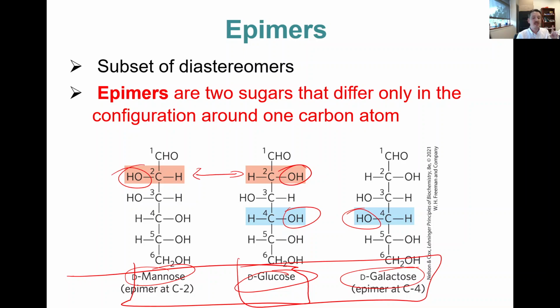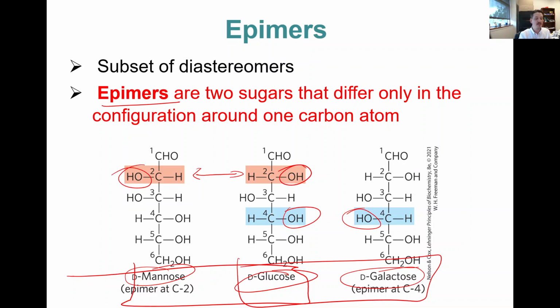Now, these diastereomers, where the only difference between glucose and mannose, and between glucose and galactose, is the configuration around one carbon atom, are called epimers. Epimers are where you change the configuration around just one carbon, switching the OH from the left to the right or the right to the left.